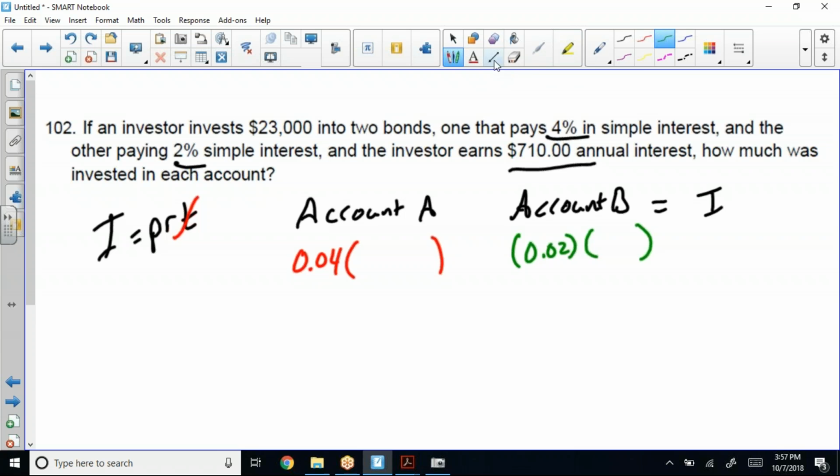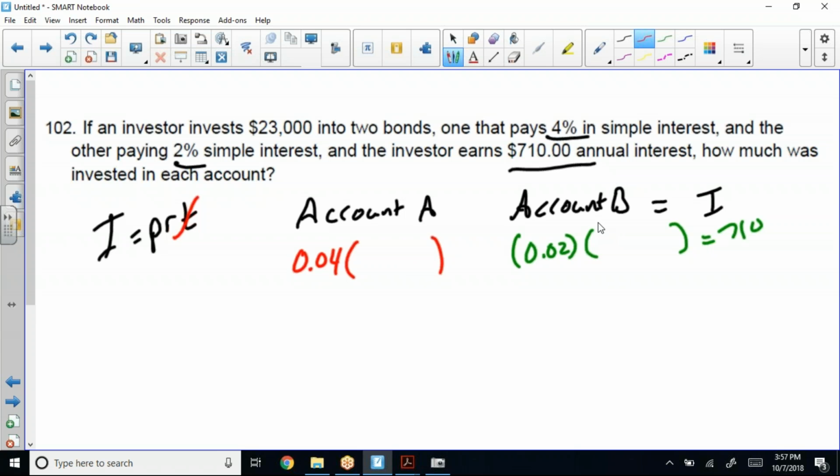Let me make that a little bit bigger there. Okay, and that's equal to $710. All right, guys, so we need how much he put in account A and how much he put in account B. Well, he invested $23,000, right?